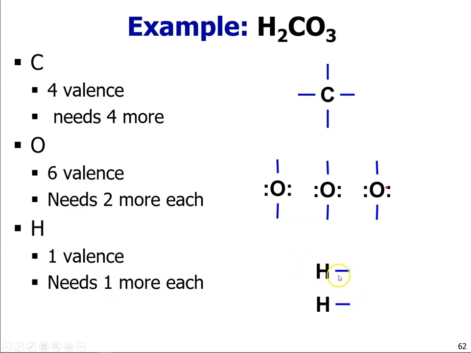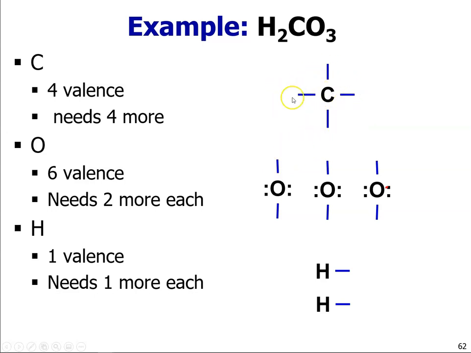So now we basically just try to combine these so that we can overlap these lines with different elements. Usually what we want to do is start with the least electronegative element and start adding things to that element first, because it's probably going to be bonded to the most number of things.